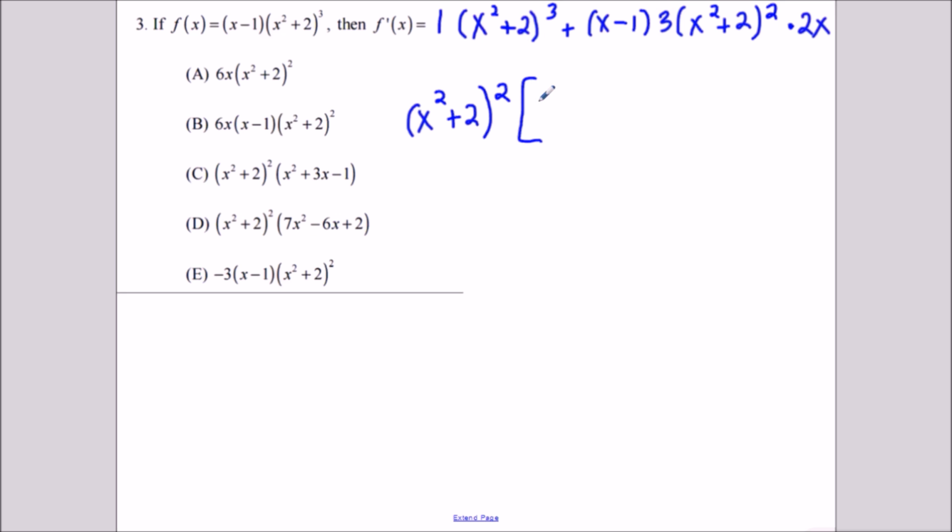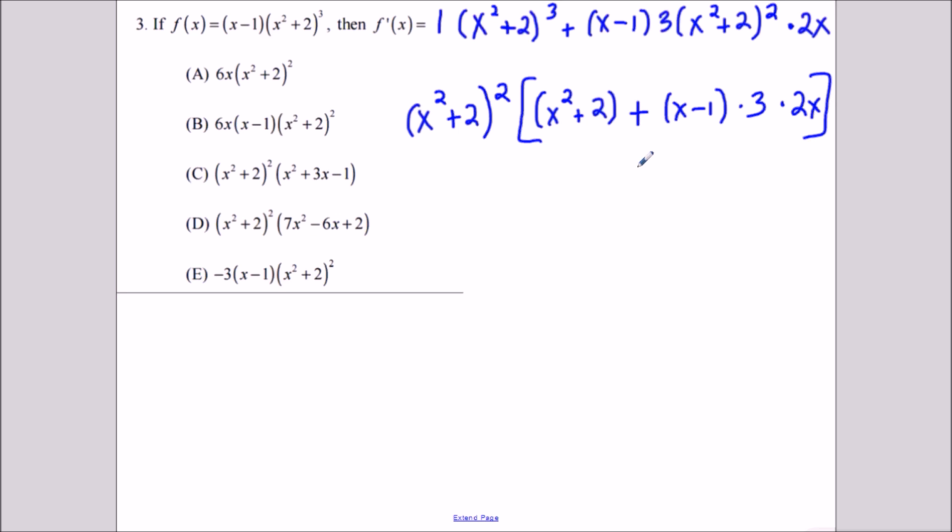So we'll write a bracket, and we're going to have x squared plus 2 to the first times 1, so we don't need to write times 1. And then on the second term, we're going to have the x minus 1, the 3 in front here, and the 2x.